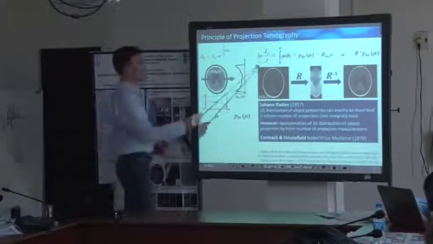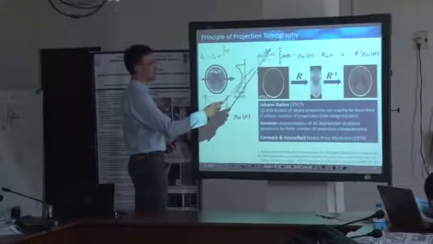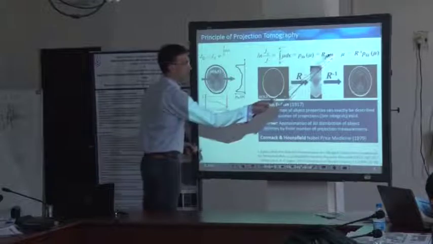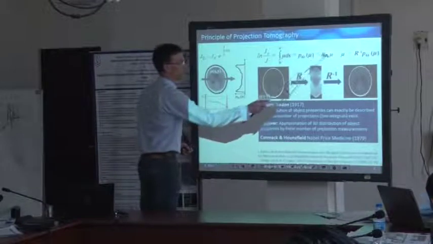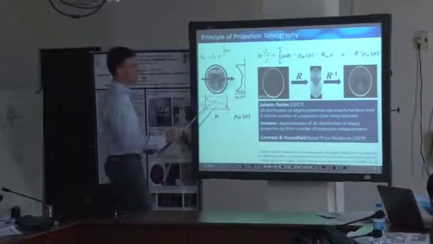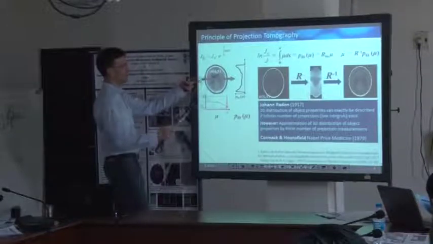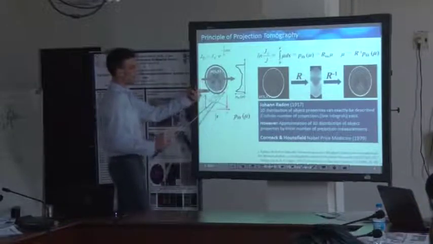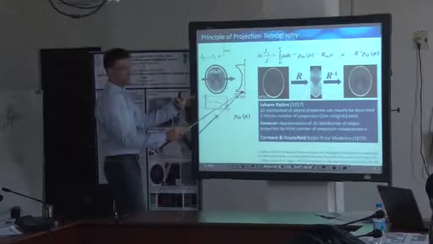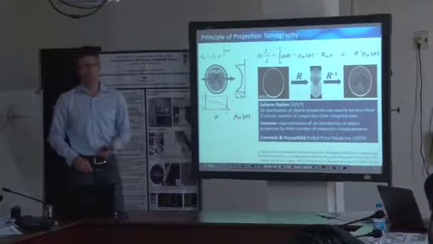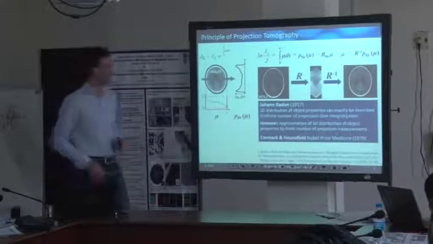Now we know that there is a certain relation between the measured intensities here and our attenuation coefficient, and we have a certain transformation which projects along these lines into this distribution here. This is the Radon transformation. We are not going into the details, don't worry.